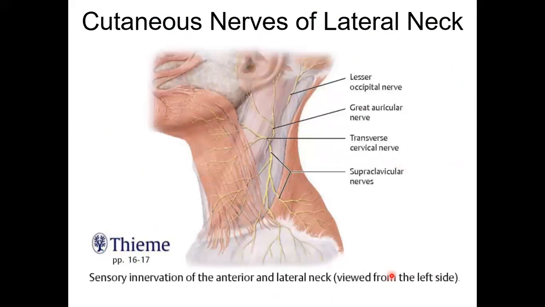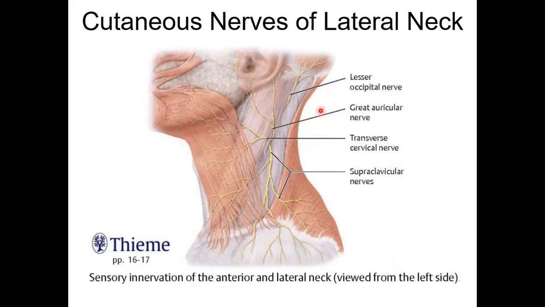Okay, so now we can better see these cutaneous nerves of the lateral neck. And these nerves are coming directly off the cervical roots. So just like we had nerves that came directly off of C5 for our brachial plexus, we also have nerves that come directly off of C2 and C3.